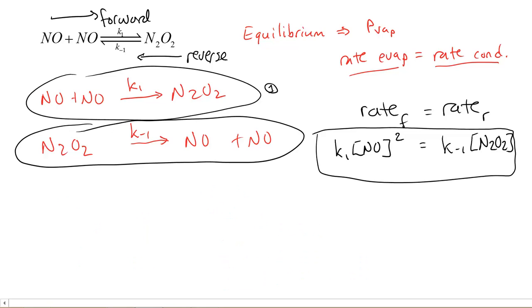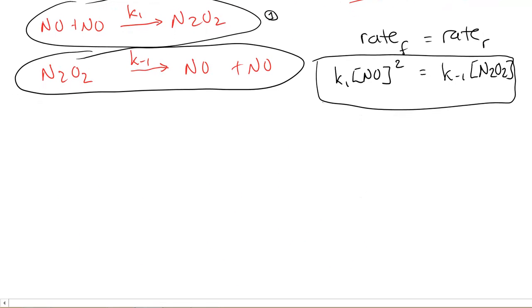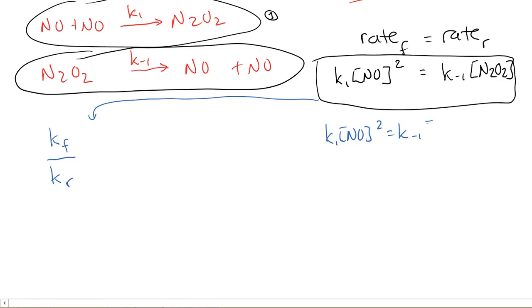So I'm going to move this up and get a little more room so we can play with this one equation right here. I'm going to rewrite this and try to make a ratio of the forward to the reverse. So I've got K1 NO squared is equal to K-1 N2O2.